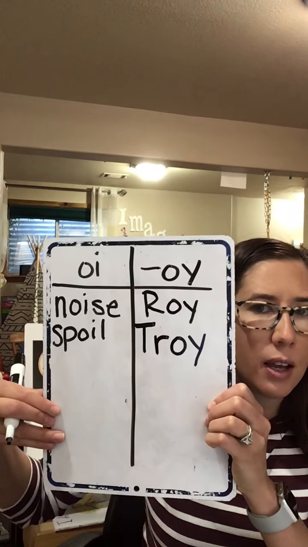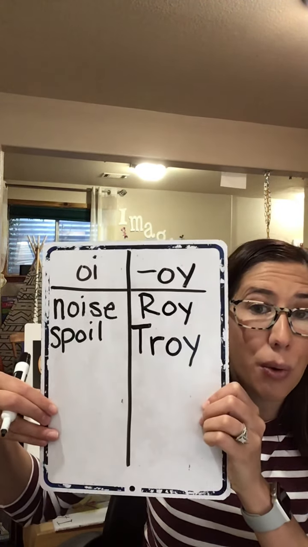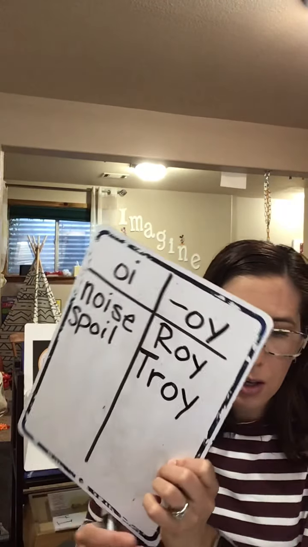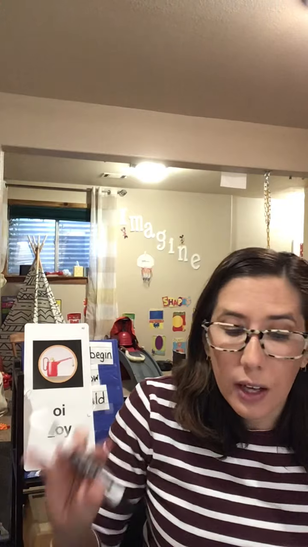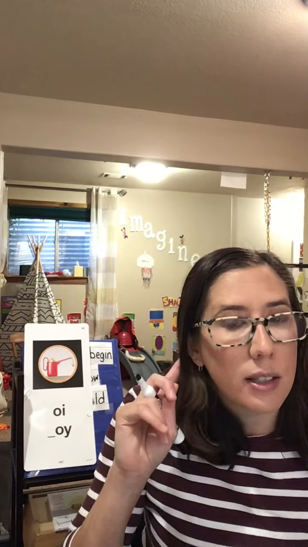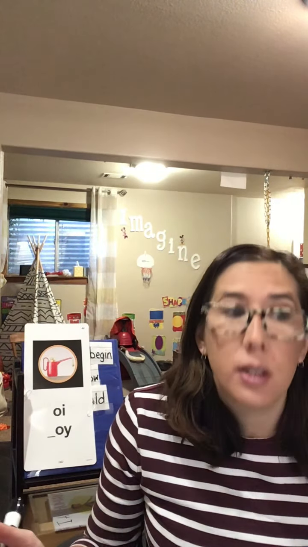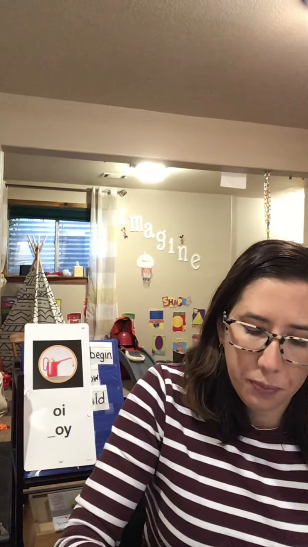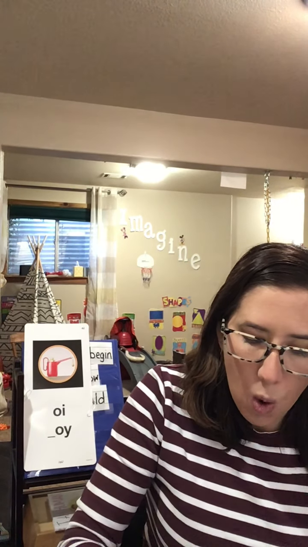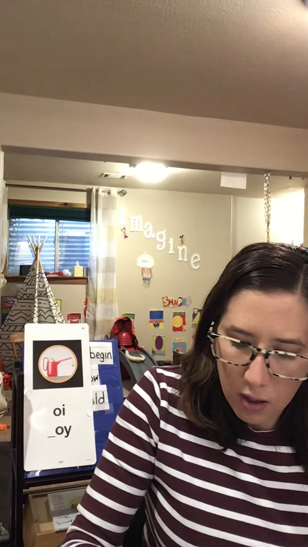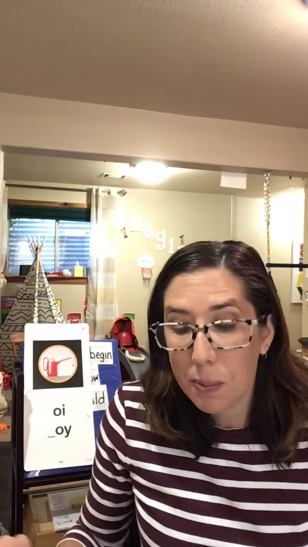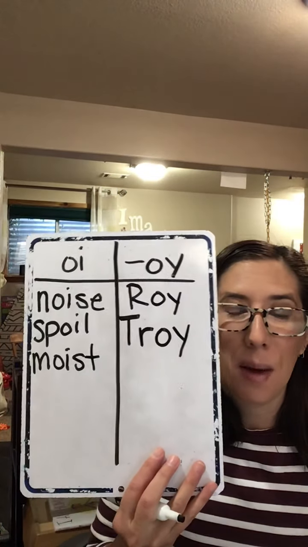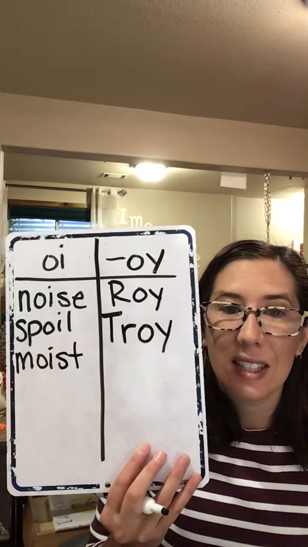So I'm adding a beginning blend to the word oil, spoil. Next word, moist. There is an ST at the end. Listen to the blend. Moist. Okay? Oy. I heard it in the middle, so how do we spell this one? M-O-I-S-T.